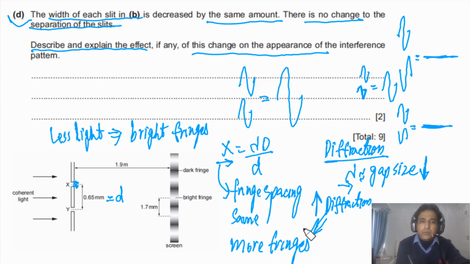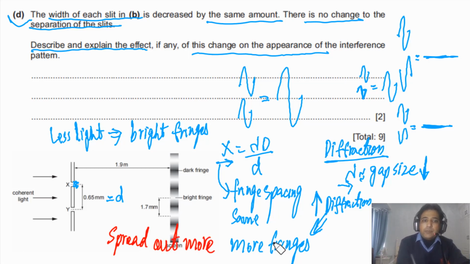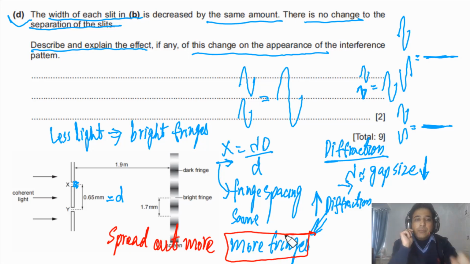You can also write down: spreading out more, waves spread more. Simply we can say the waves spread out more. As they spread out more, we will see more fringes on the screen. Beautiful question. These are the points you need to understand.